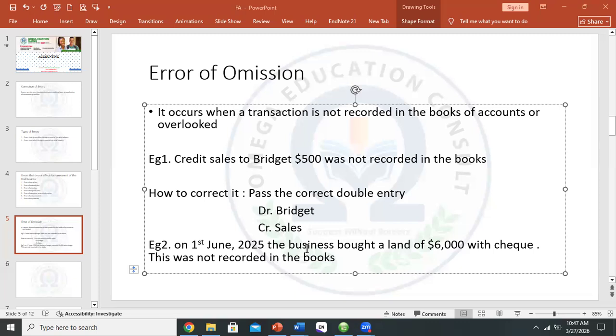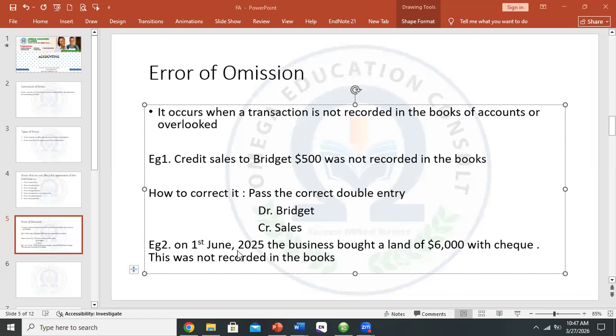And in recording transactions, you know what to do. You pass the double entry. You debit one account, you credit the other, like we did earlier. So in the first example, credit sales to Bridget was not recorded. So we had to record it, and in recording it, we had to debit Bridget and credit sales.